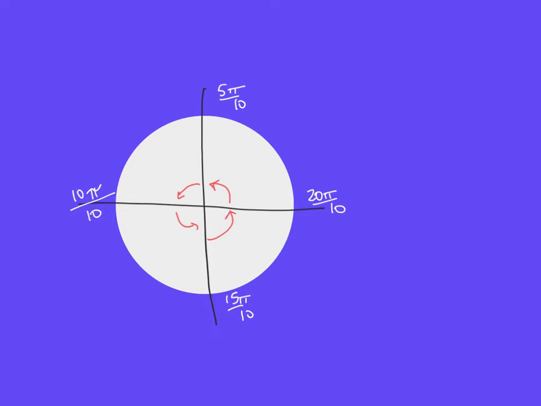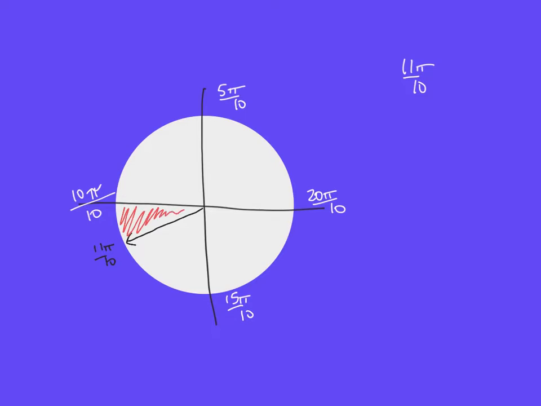Okay, so let's try another one. How about 11 pi over 10? The question is, where is 11 pi over 10? Well, it's bigger than 10 pi over 10, and it's less than 15 pi over 10, so it's got to be in this quadrant somewhere. So the question is, how many radians are there here?